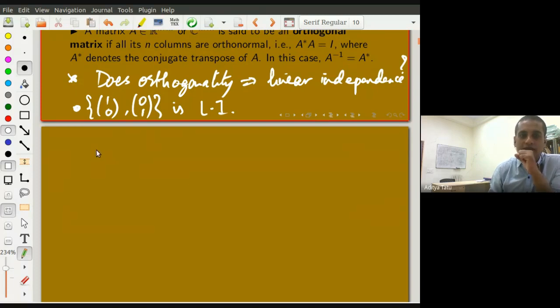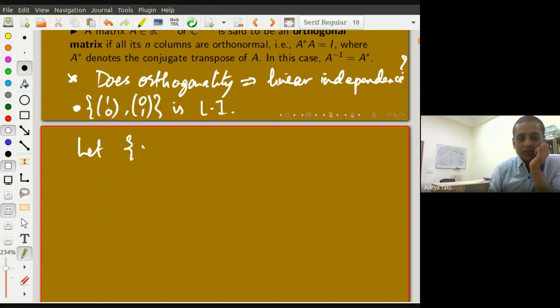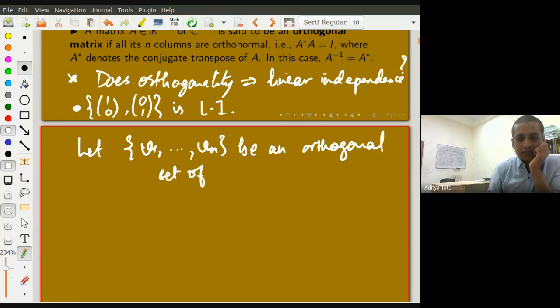Okay, maybe let's quickly try to see if this is possible. Let v1 to vn be an orthogonal set of vectors with one extra assumption: none of them is the zero vector.